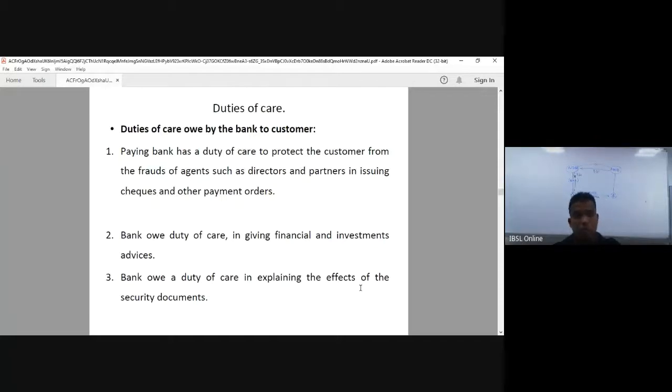If you don't know that, you refer to a person who knows about it. However, remember, there is a duty cast upon the bankers to explain the security documents before you get the signature of the customer on the document. So that is number 3.